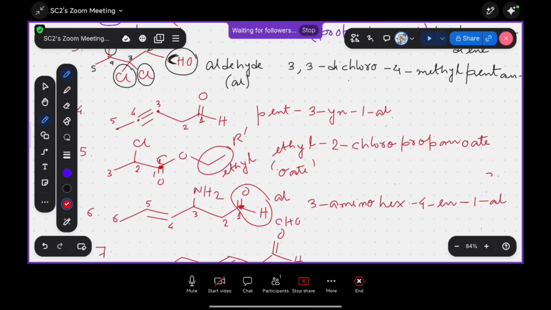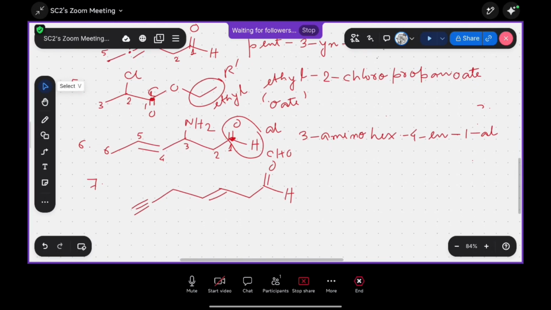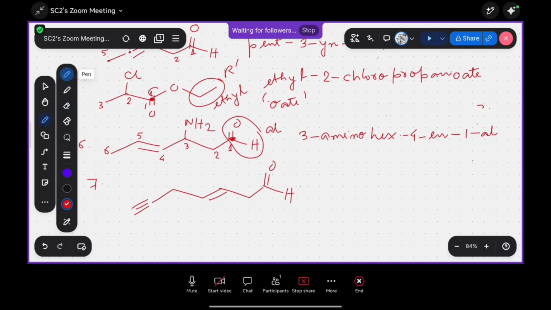Now the next one, the seventh example. The seventh example is somewhat like this. It is again an aldehyde functional group. I hope you can understand this. This is CHO.